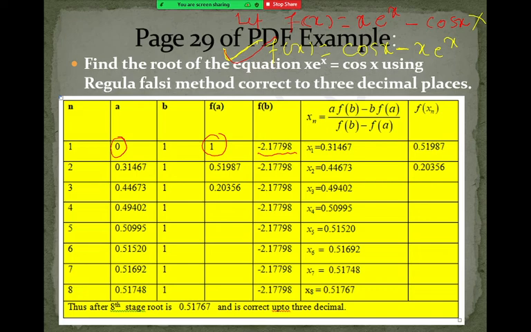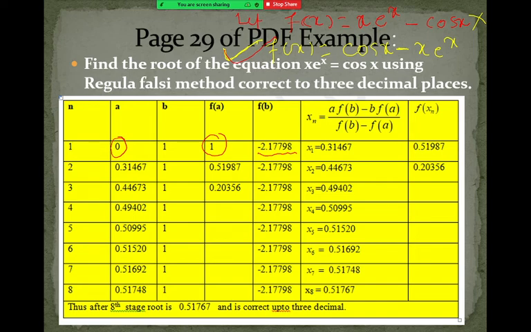You will press cos first, cos of 1, which gives 0.5030. That is the value of cos of 1. Then minus 1 into e raised to 1. So how to get e raised to 1 on the calculator? Just press shift ln, you will get e there, and just press 1.